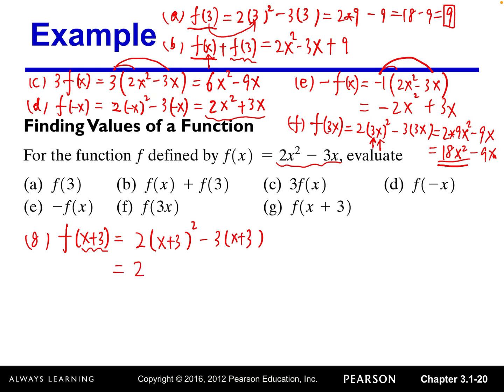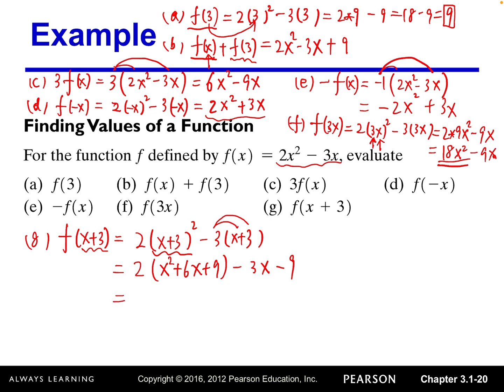And then simplify. x plus 3 raised to the second power, that's a perfect square trinomial. That's x squared plus 6x plus 9. And then minus 3x, minus 3 times x, that's minus 3x. Minus 3 times positive 3, that's minus 9.